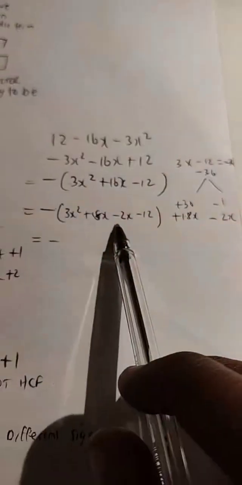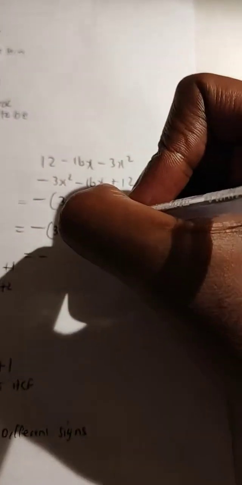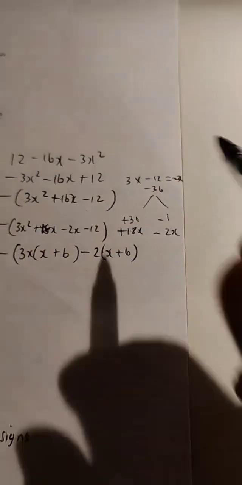Negative. Okay, so here the common factor between the two, that is 3x into what? x plus 6. Minus 2 is a common factor, x plus 6.